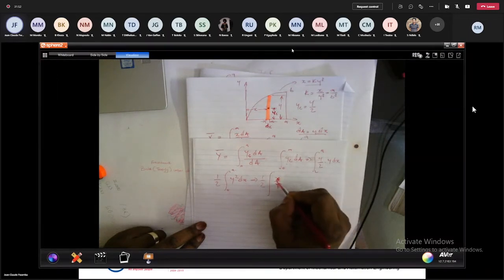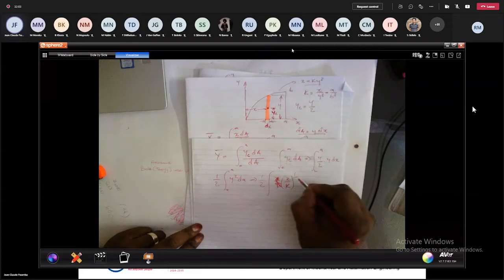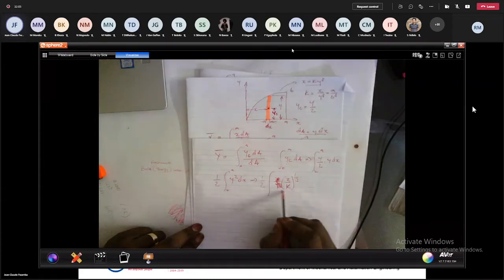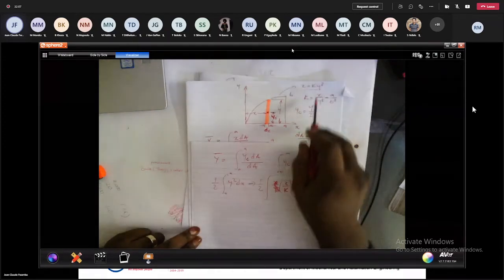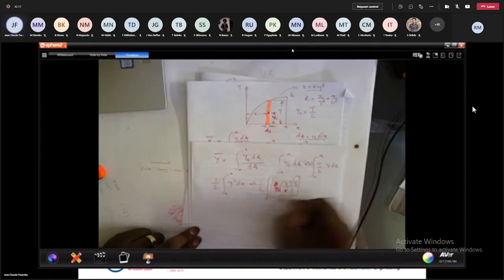It should be okay there. So y cube will be x over k, right? The whole thing exponent 1/3, right? So that will be the y out of my function, but I need to square it, right? dx, right?